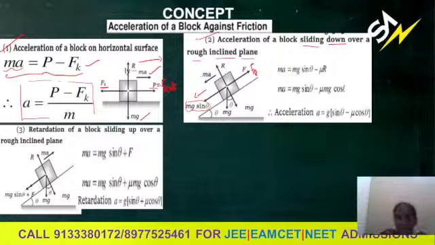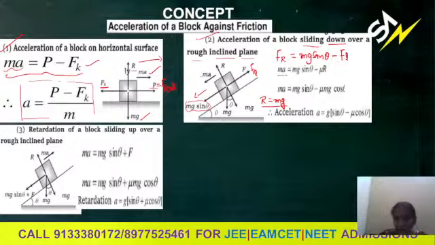So net force will be equal to the sum of the forces along the direction of motion. Vertically, R is balanced with the weight of the object. So along the direction of motion, resultant force is equal to mg sin theta minus FL.